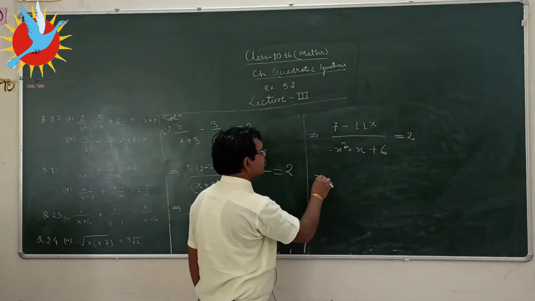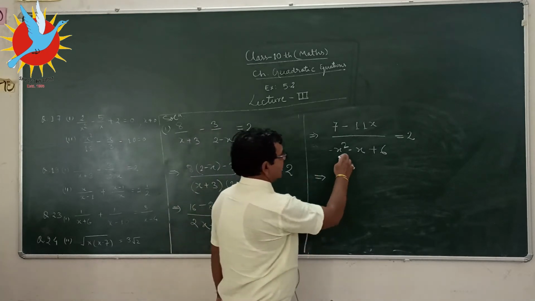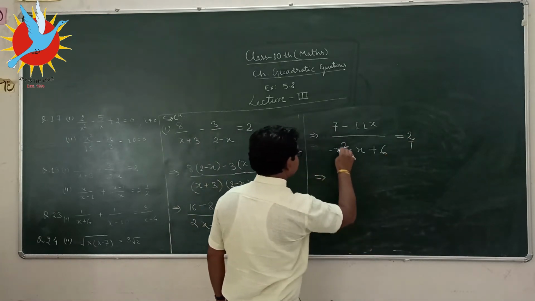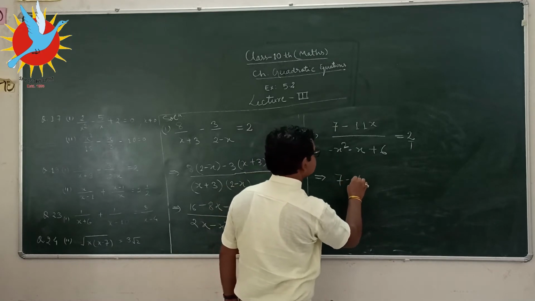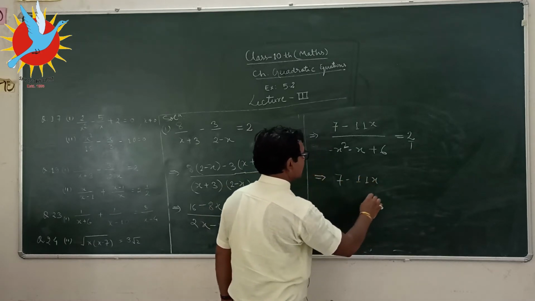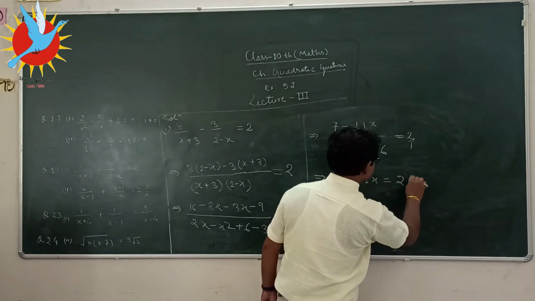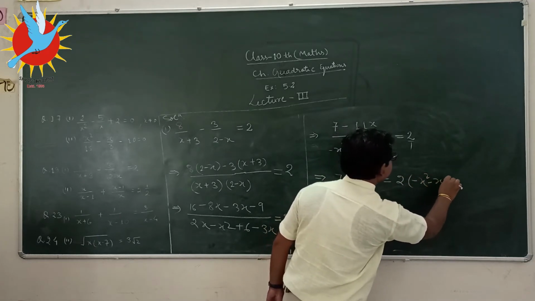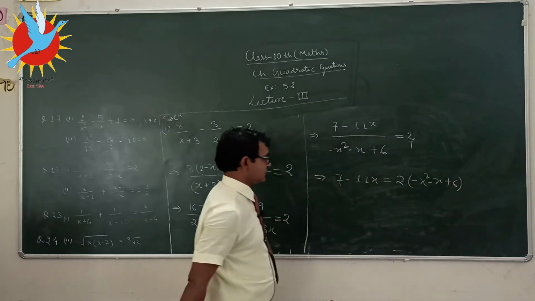Now multiply this to 2 by cross multiplication. We have 7 minus 11x equal to 2 into minus x square minus x plus 6.